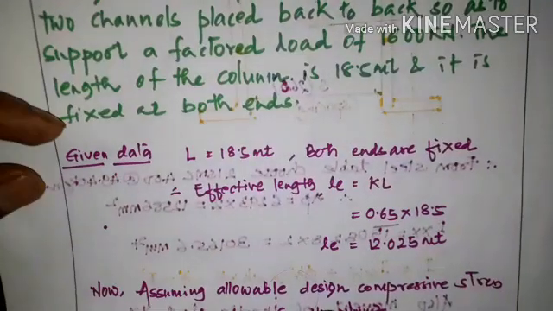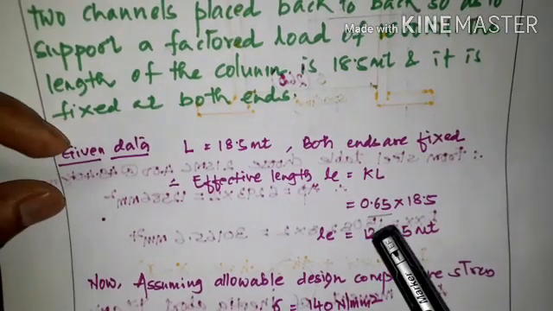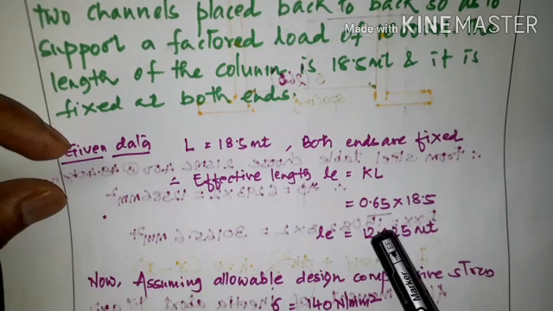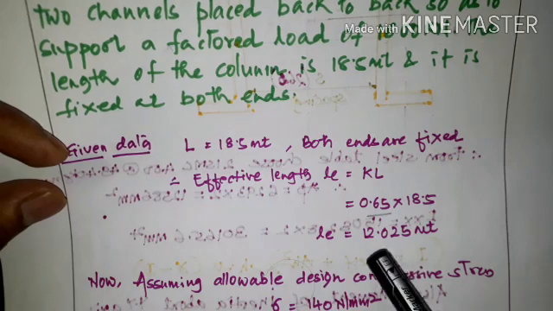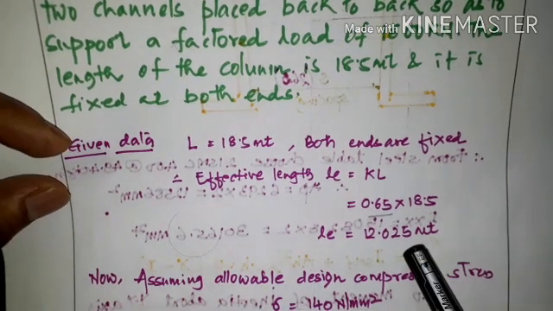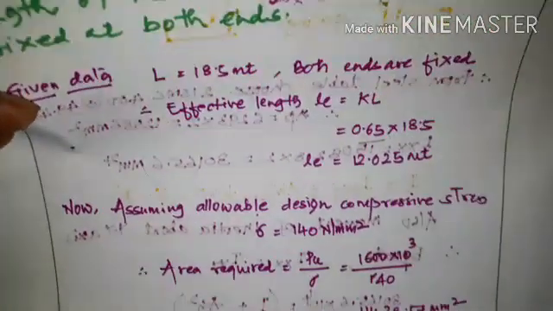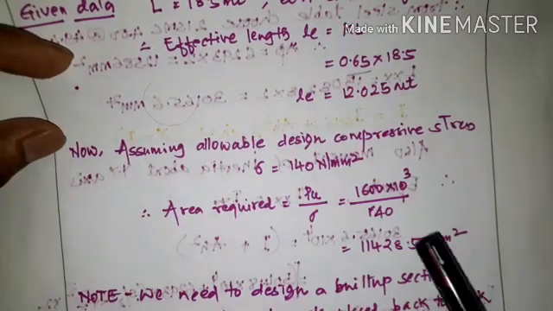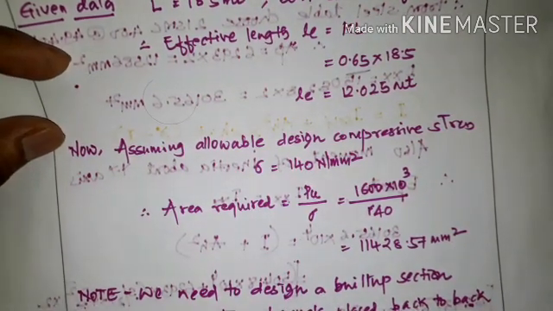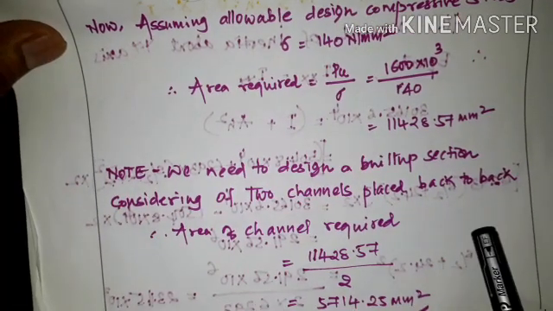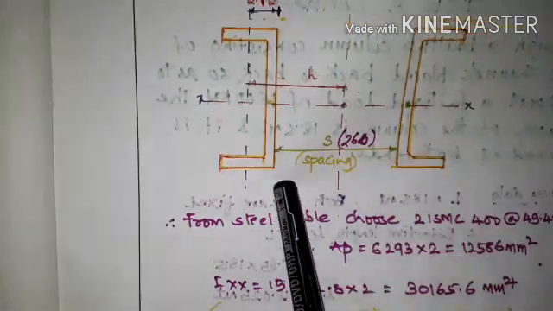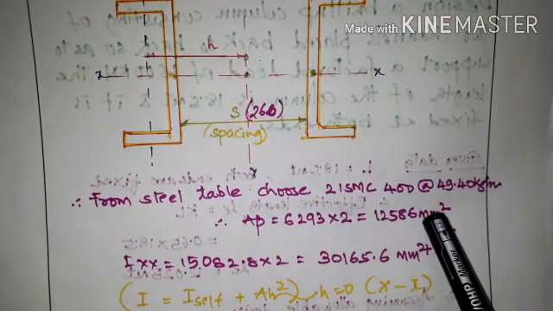According to the given data we calculated the effective length factor. Because both ends are fixed, it is 0.65 L, so KL we got as 12.025 meter. Assuming the allowable stress as 140, we found a section of two channels placed back to back, that is 2 ISMC 400.